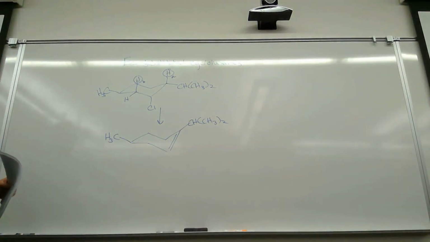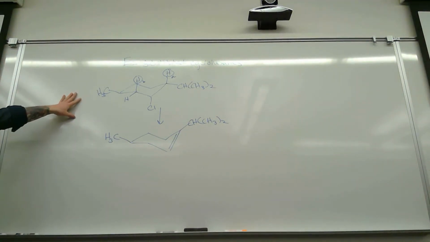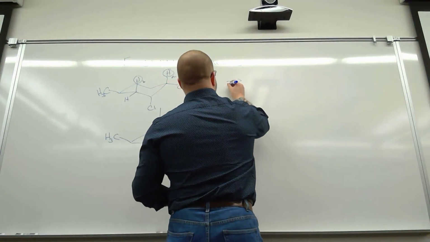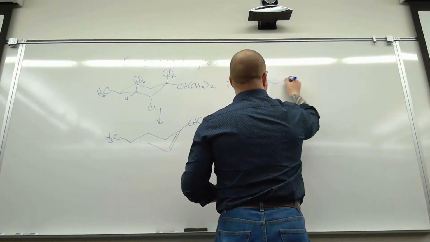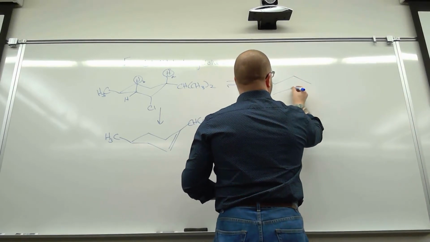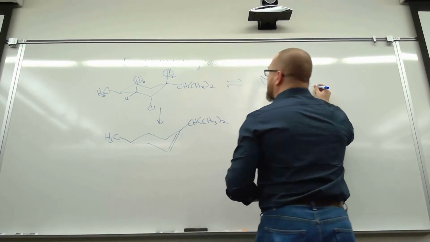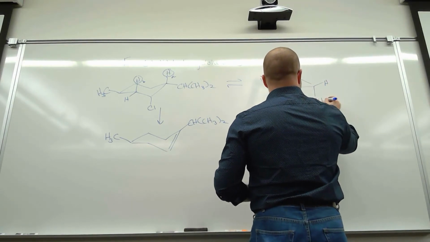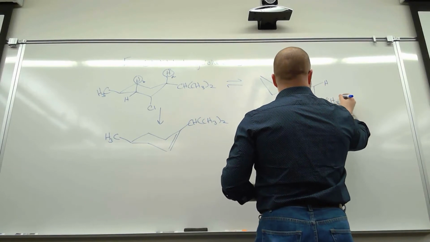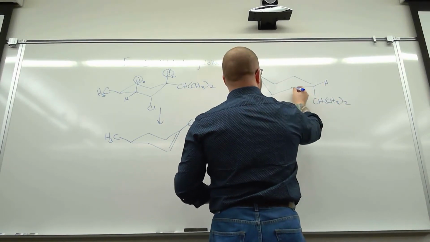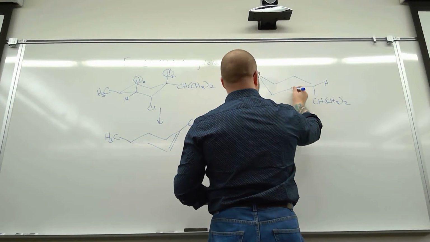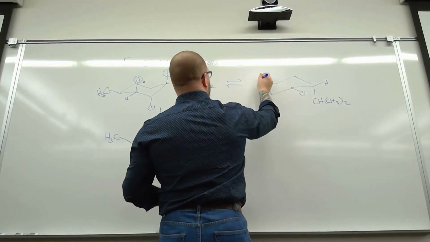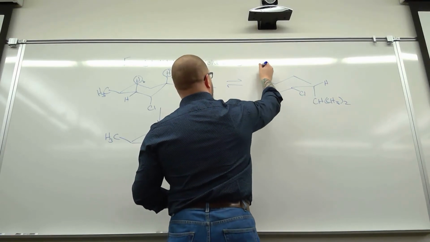And this would be the favored product for this ring. What if we do a ring flip? Okay, bottom, so it's going to stay here. And then that has to go top.